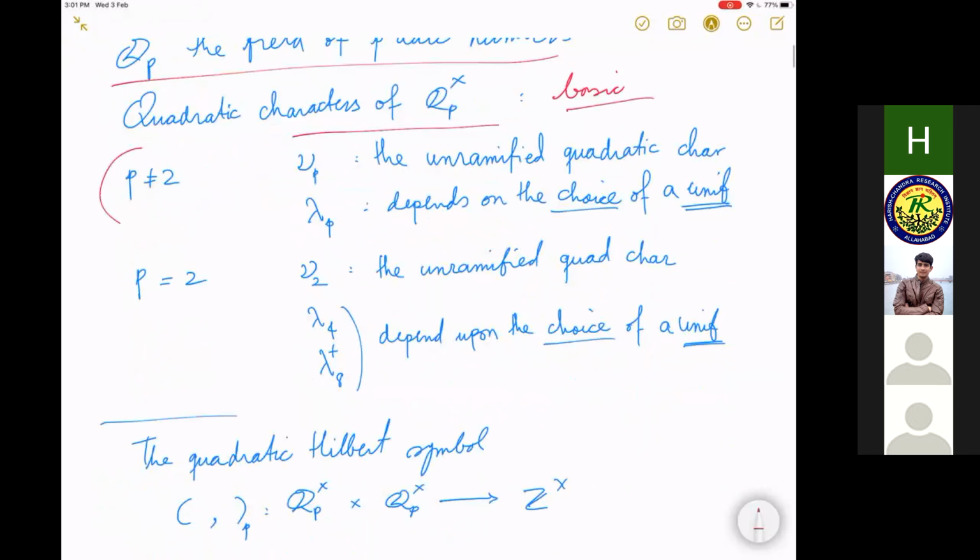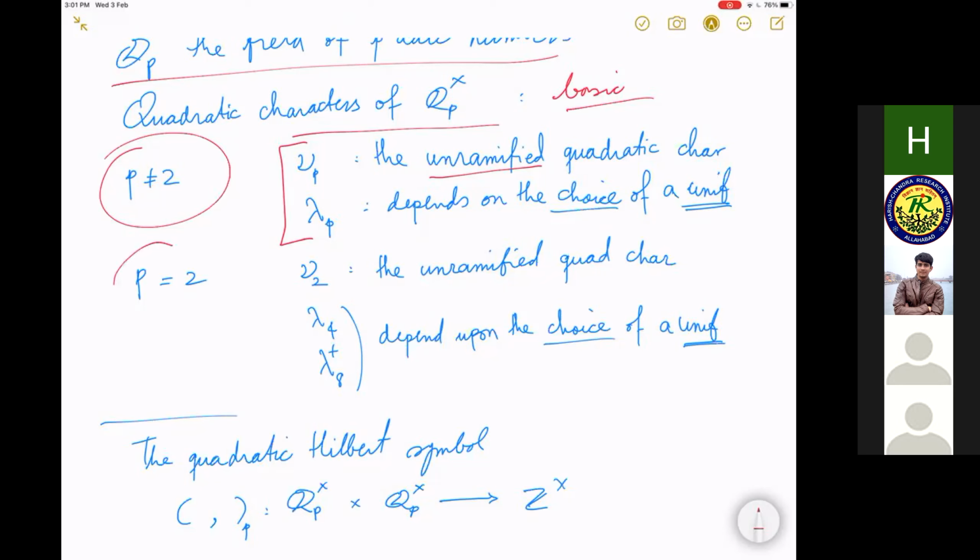For P different from 2, there are two basic characters, nu P and lambda P. So the nu P was the unramified quadratic character. It was defined in terms of the p-adic valuation VP on the field QP. And this lambda P was defined basically in terms of the Legendre symbol.